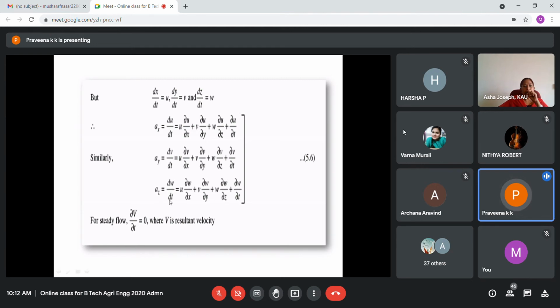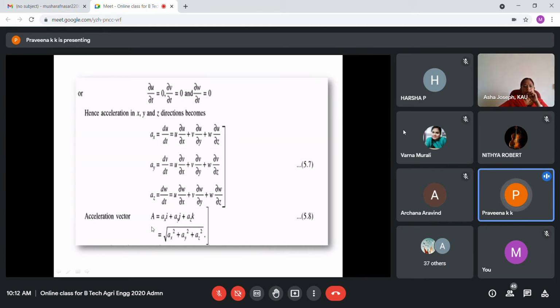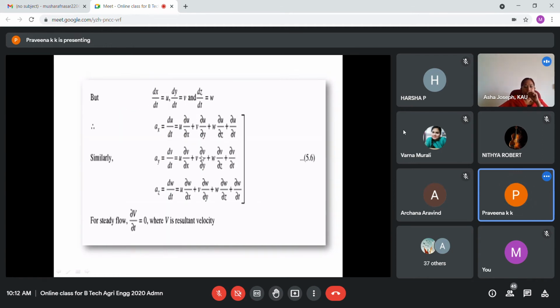So for steady flow, dou v by dou t equal to 0, where v is the resultant velocity. Why is it 0? For steady flow, there is no change with respect to time. So therefore, we will write dou v by dou t is equal to 0.